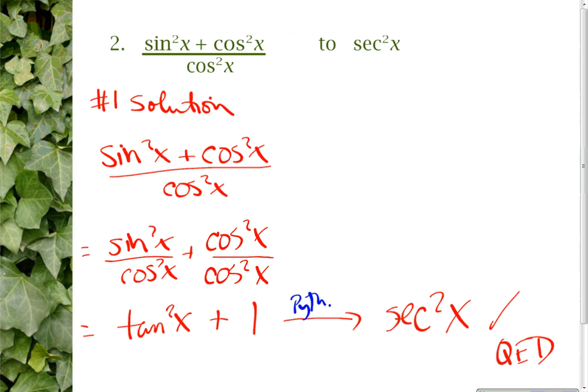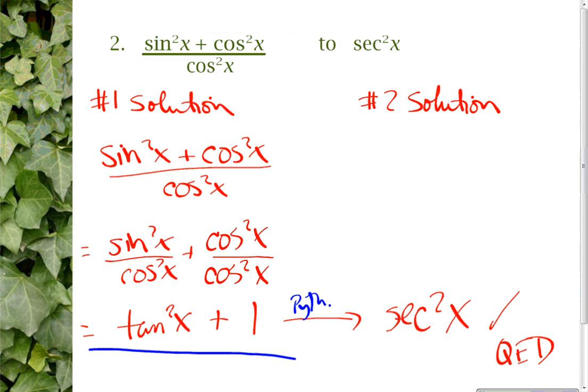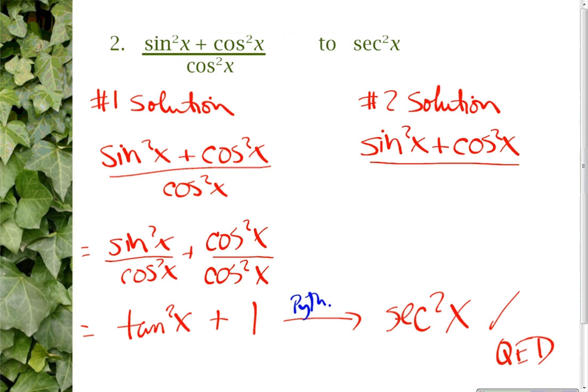Now you could also do it this way, because again, remember, just like down here, when you saw the squared term and the 1, you should be like, hey, wait, that's important. You should also remember, hey, wait, I've got 2 squared terms up here on the top. The fact that I have sine squared x and cosine squared x should be tipping something off for you, that it's a Pythagorean identity.